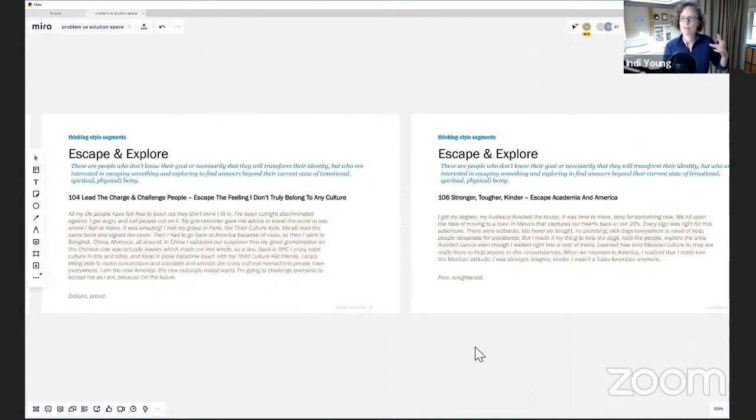And because I don't like it, I'm going to get out of this context and see if there's another context that I like better. And it took us weeks to figure out, oh, that's what we're seeing in the data. Their approach to personal identity change was to escape the problem and go expose themselves. All of them traveled, exposing themselves to other situations.